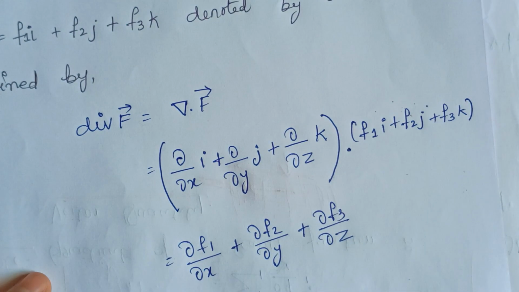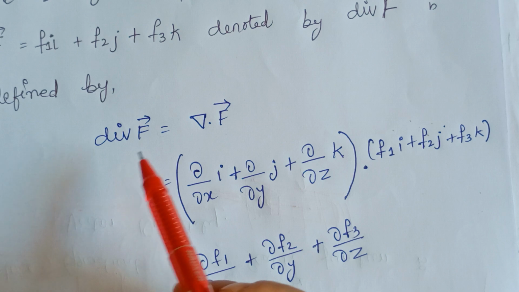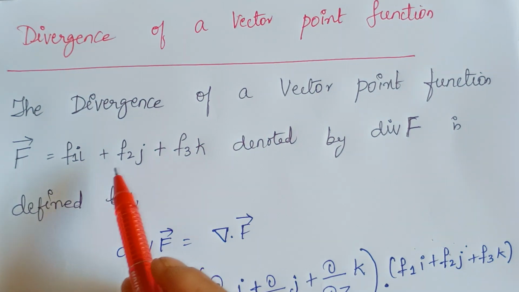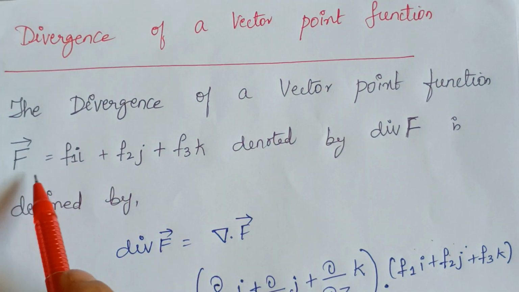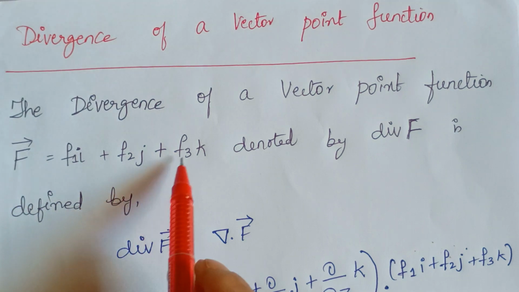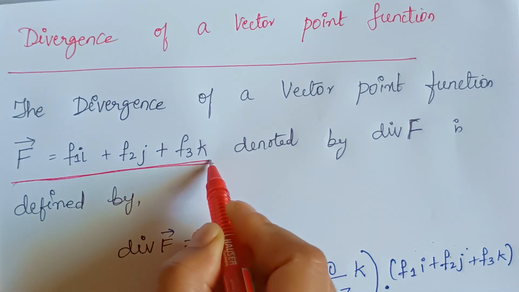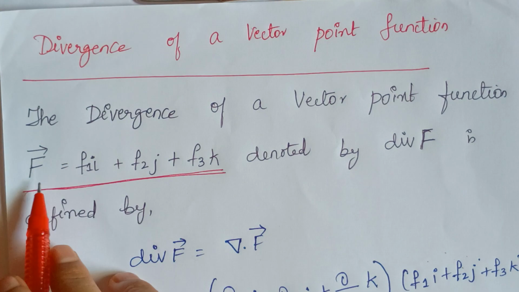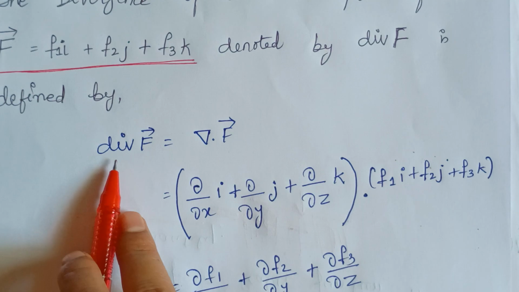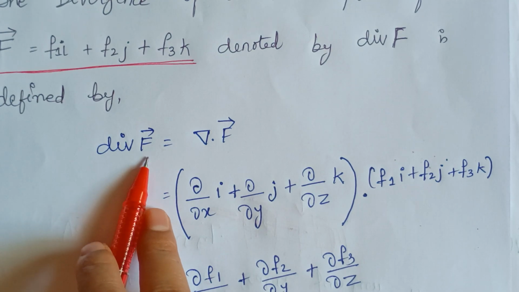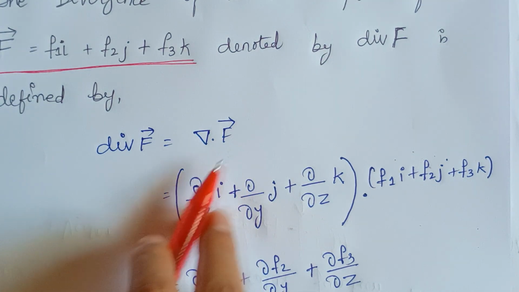So the mathematical definition you can see here. If the vector field f equals f1 i plus f2 j plus f3 k, then the divergence of this vector field f is denoted by divergence of vector f, equals del dot vector f.